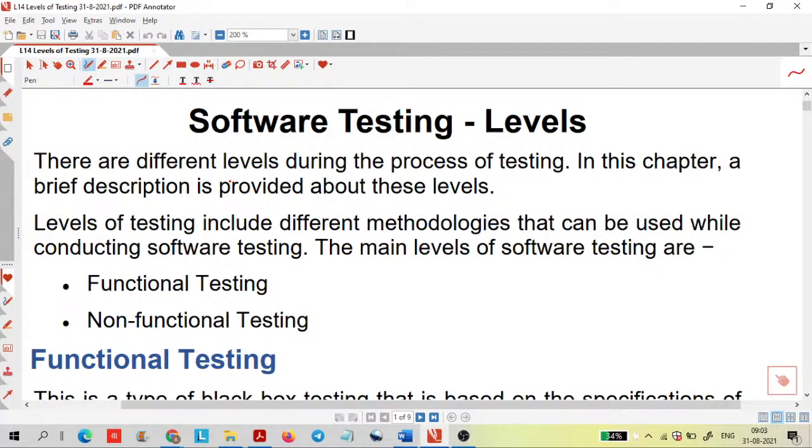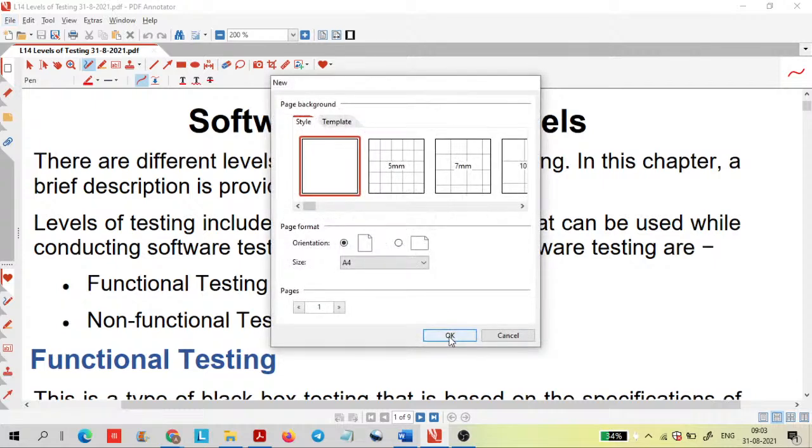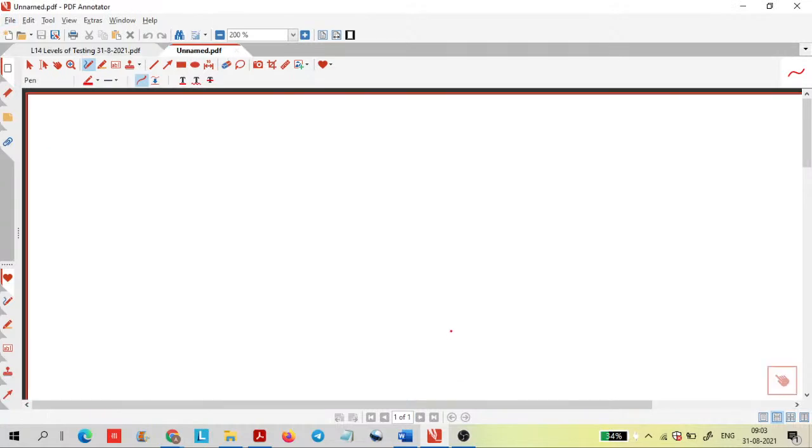To improve the quality of the software product, we go for different levels of software testing. Initially we do some verification and validation. That is also a testing method, one of the levels of testing.